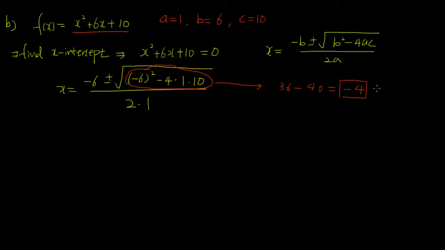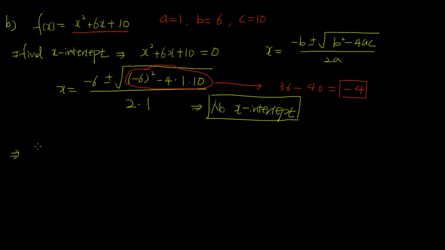Why is it a problem? Because inside the square root is supposed to be a positive number, or it could be 0, not a negative number. If it's a negative number, that means we have no x-intercept. That's what it means.